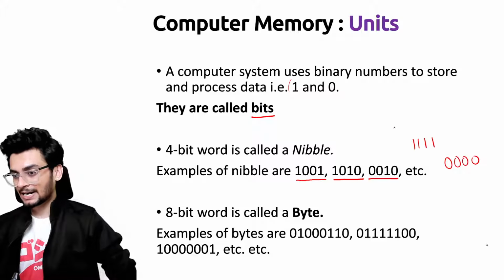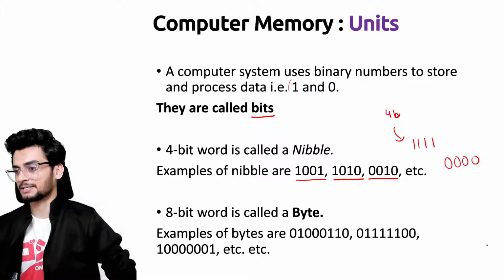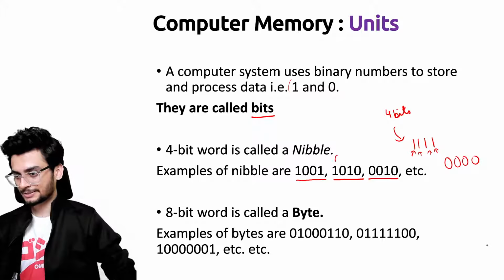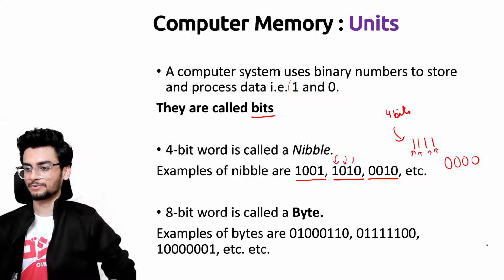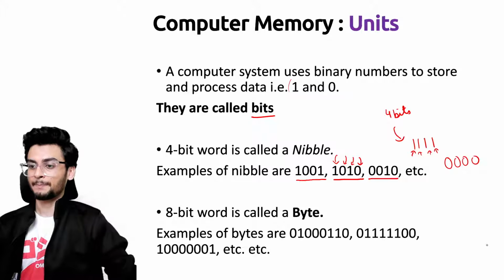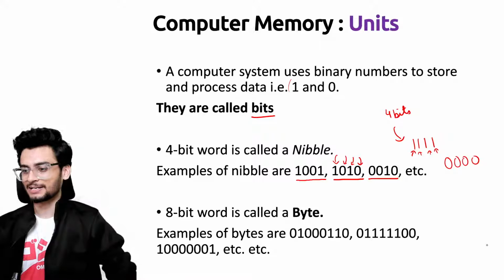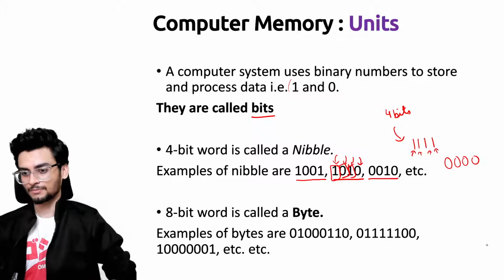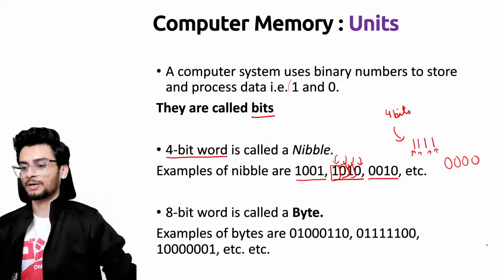So these are collection of 4 bits, right? How 4? This is 1 bit, this is 1 bit, 1 bit, 1 bit. Similarly, this is 1 bit, 1 bit, 1 bit and 1 bit. ठीक है, bit की वैल्यू 1 और 0 हो सकती है, but इनका जो स्टोरेज है that is 1 bit. ठीक है, a 4-bit word is called a nibble.